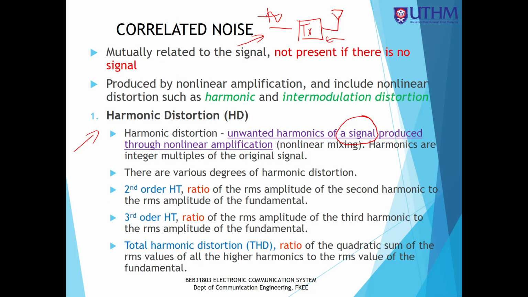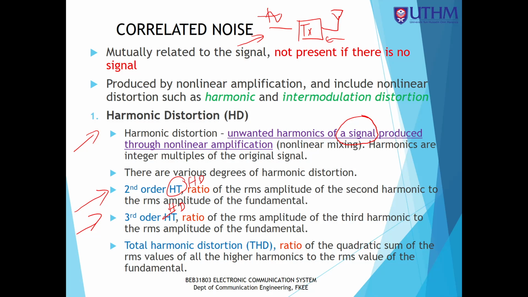So there are various degrees of distortion. We have 2nd degree, 3rd degree, 4th degree, and many degrees of harmonic distortion. So please correct your notes. This is supposed to be HD, harmonic distortion.